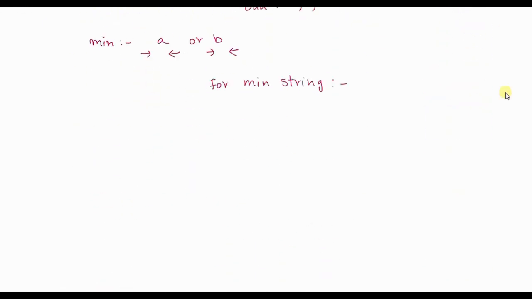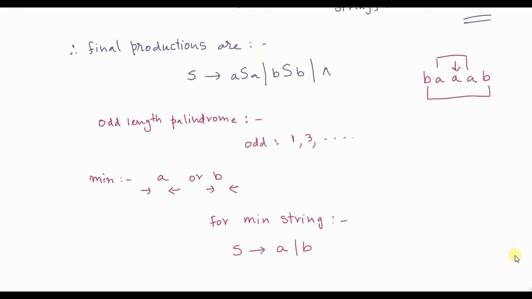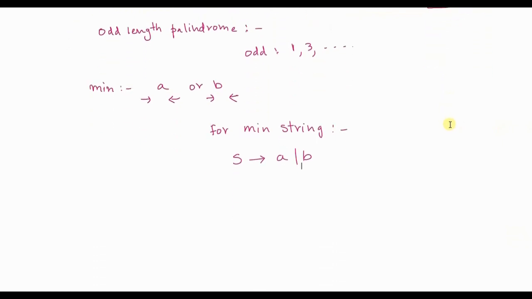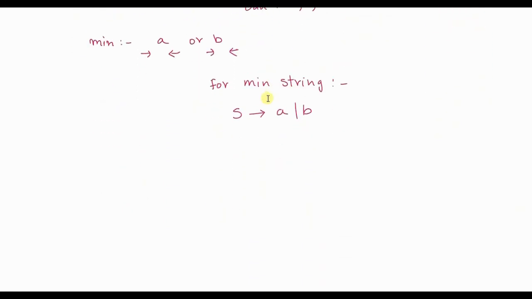For the minimum string here, the production will be S gives either a single A or a single B. And for other strings we will have the same production, that is S gives ASA or BSB.